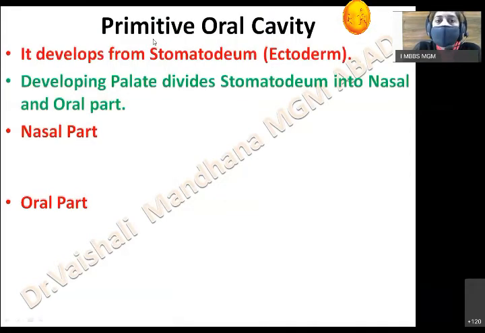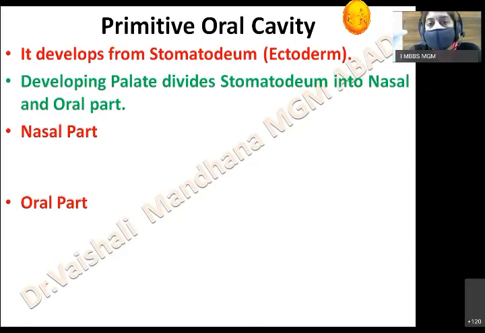So primitive oral cavity develops from the stomatodium. Primitive oral cavity is ectodermal in origin. And if you remember, the buccopharyngeal membrane ruptures, and you get a large cavity.